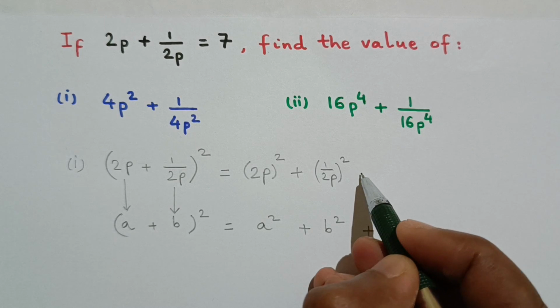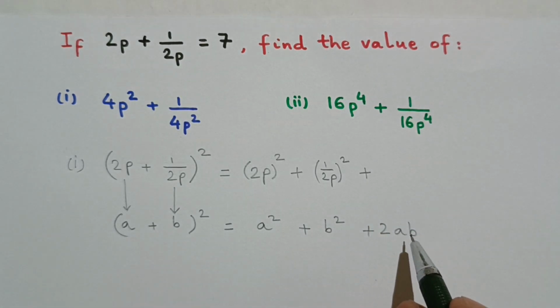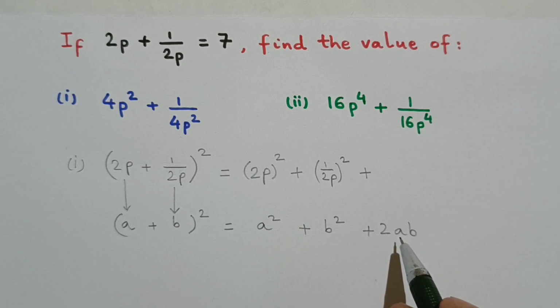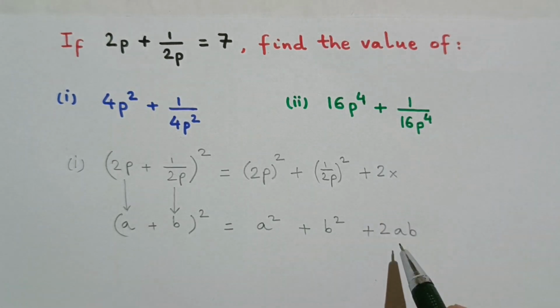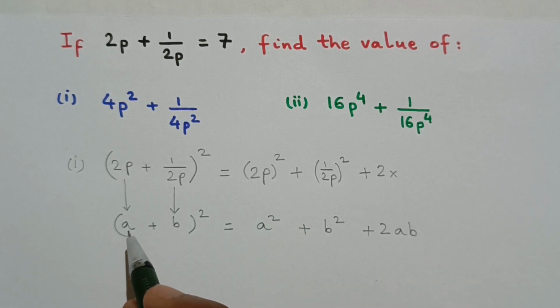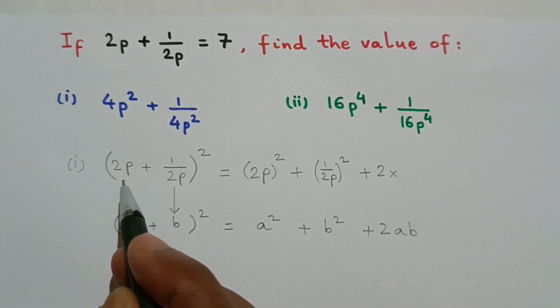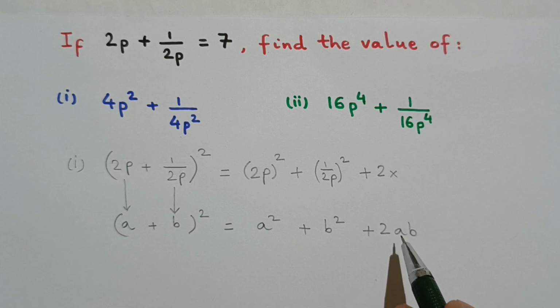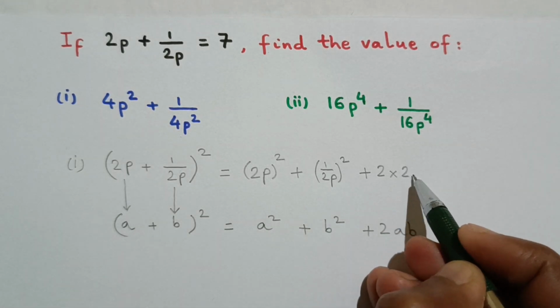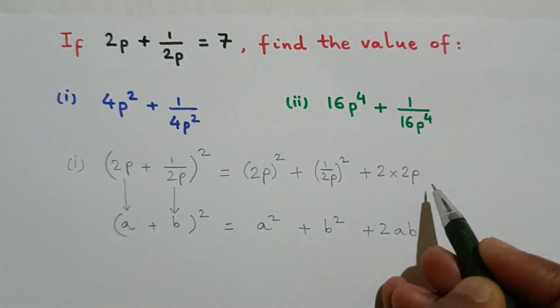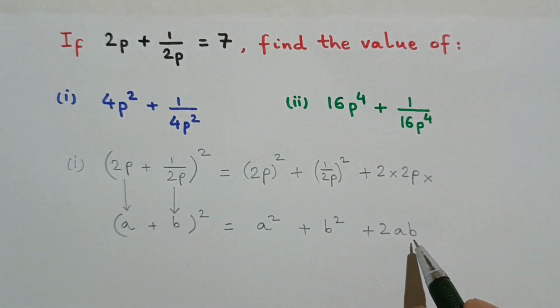Then plus 2ab. 2ab means 2 into a into b. So 2 into a, and a stands for 2p, so 2 into 2p, multiplied to b.